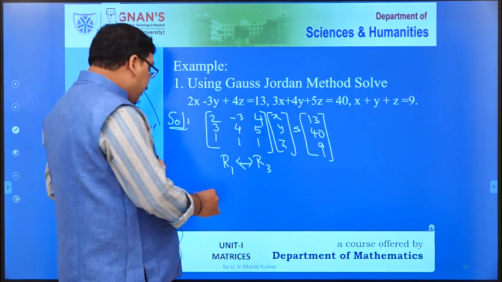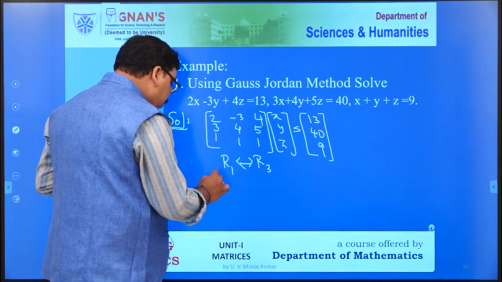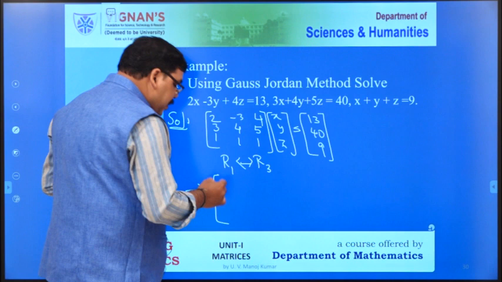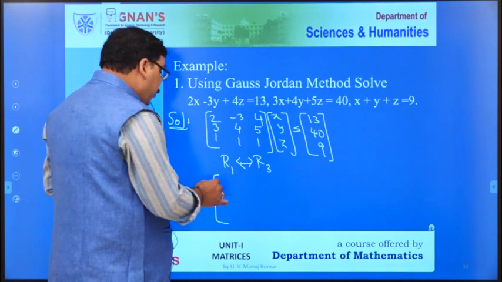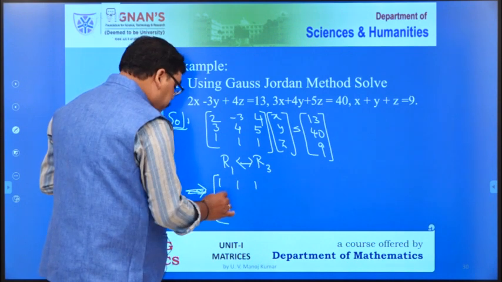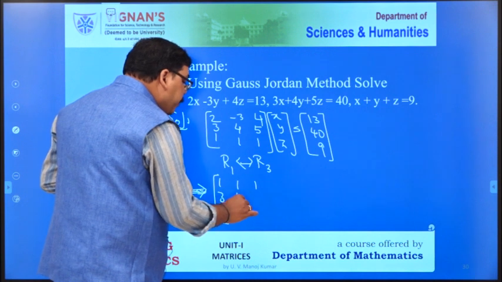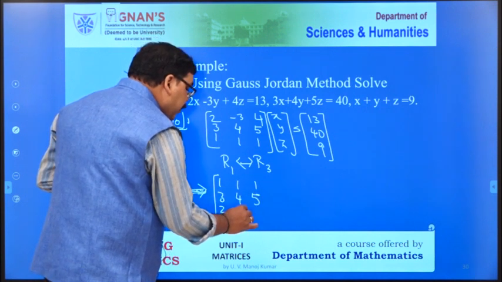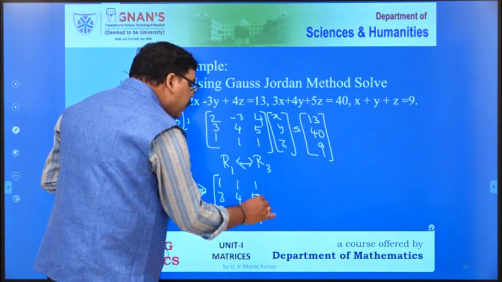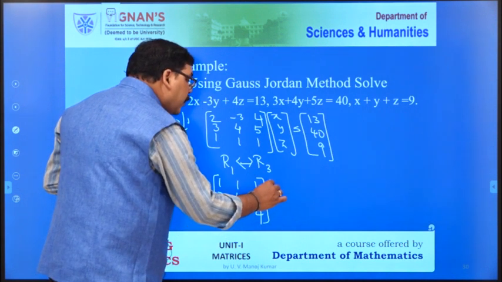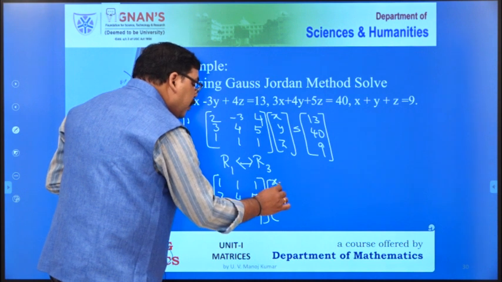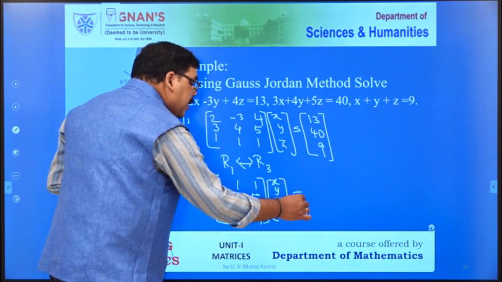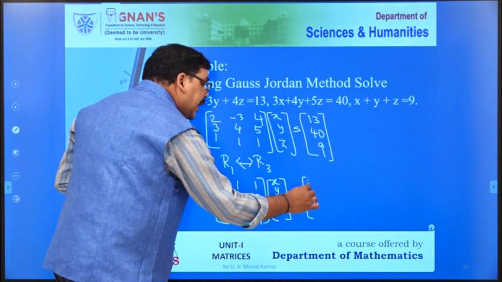So I am interchanging the first row with the third row. Then I will get 1, 1, 1, 3, 4, 5, 2, -3, 4, into x, y, z equals 13.